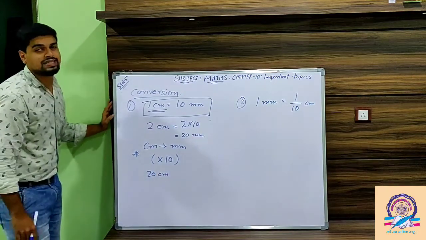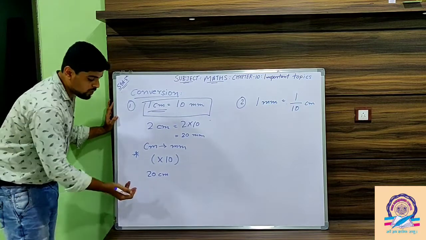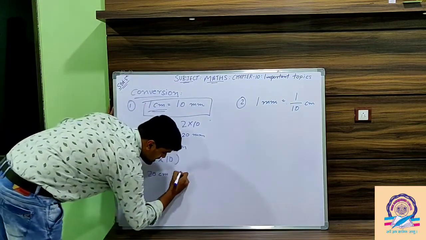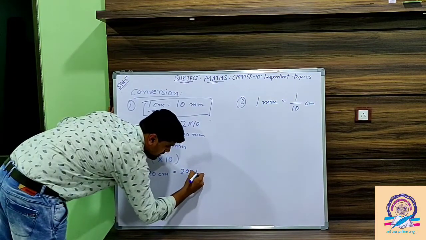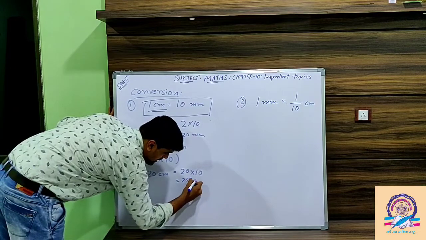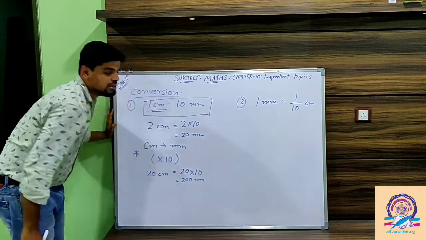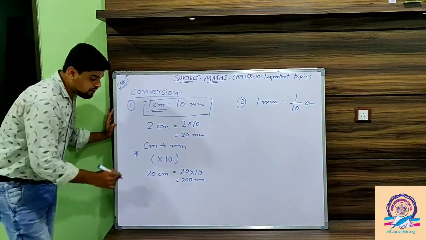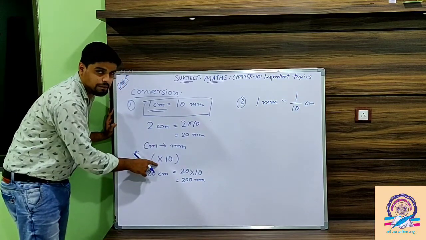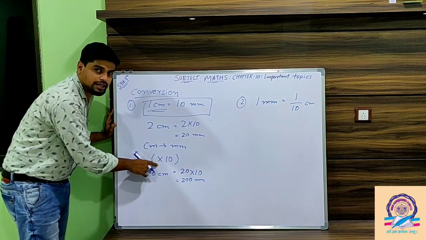Convert this 20 centimeter into millimeter. We simply multiply 20 with 10, so it will be 200 millimeter. Isn't it very simple? For converting centimeter into millimeter, you just multiply the given number by 10.